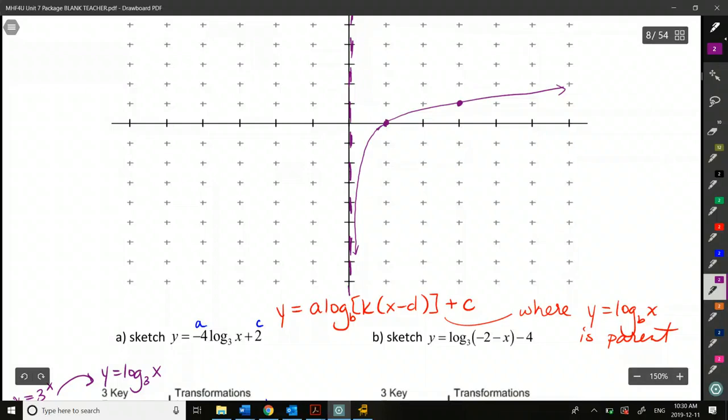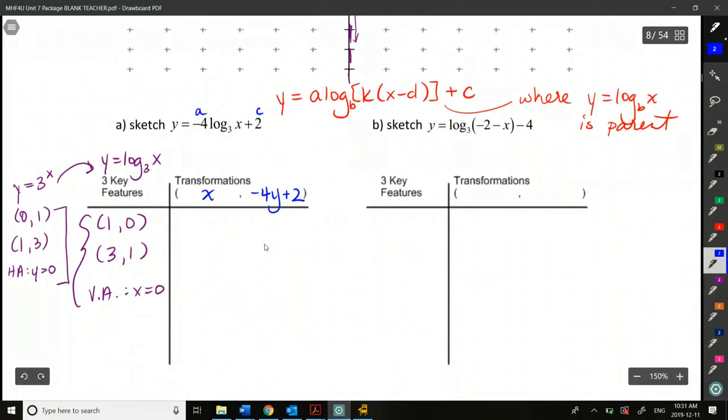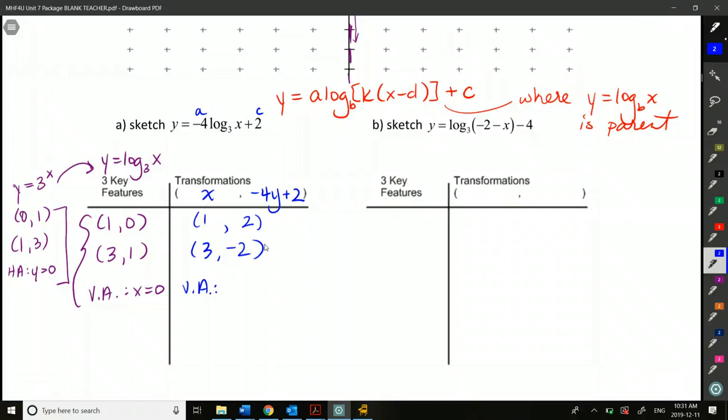Okay, so our new function, let's just label that guy. All right, so our new function, the x's will stay the same. The y's we're going to multiply by -4 and add 2. Vertical asymptote, where does that move?